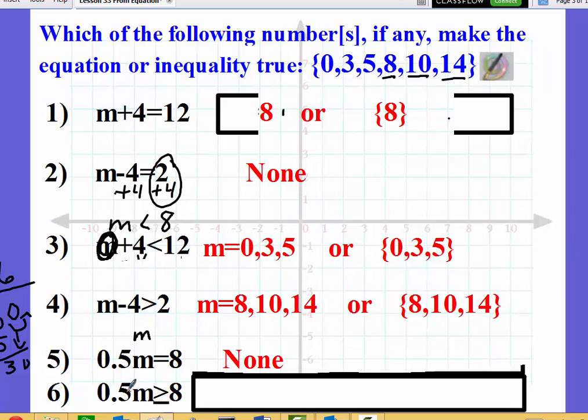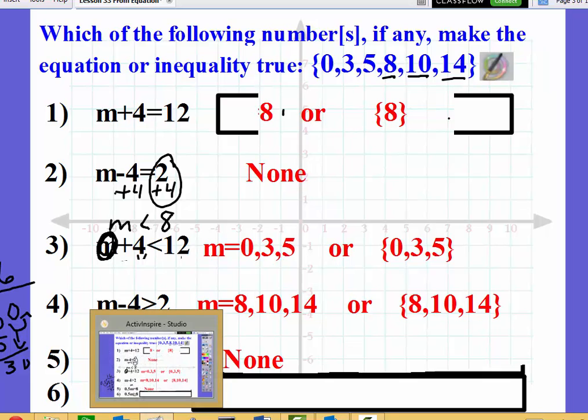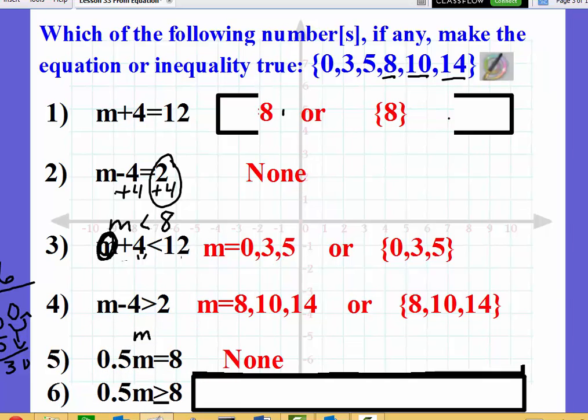M times 5/10 is greater than or equal to 8. Well, I just looked over here and I saw that m needs to be 16. Now I need my answer to be bigger than 16. So that means this number would have to be larger. Do I have any numbers over here that are larger? I don't. Just to check though, I'm going to see if 14 would work.